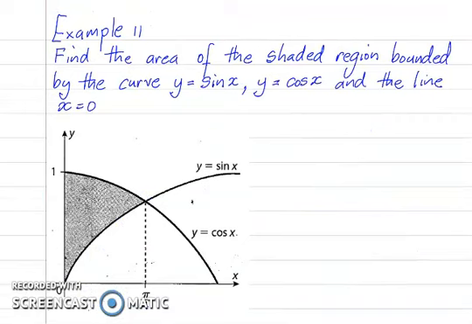Example 11 says find the area of the shaded region bounded by the curve y is equal to sine x, y is equal to cos x, and the line x is equal to 0, which is the y-axis.